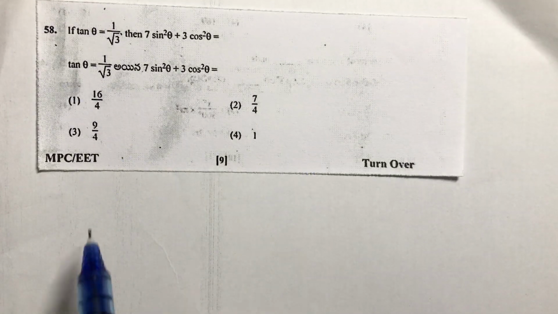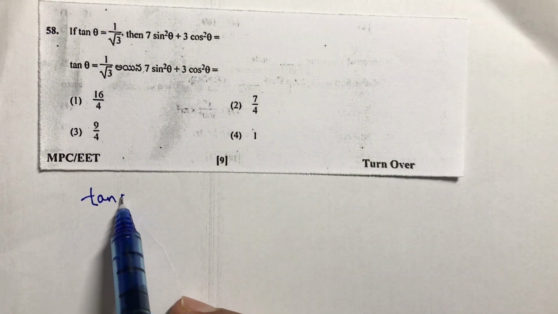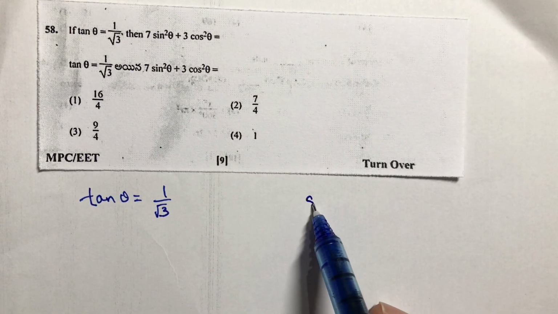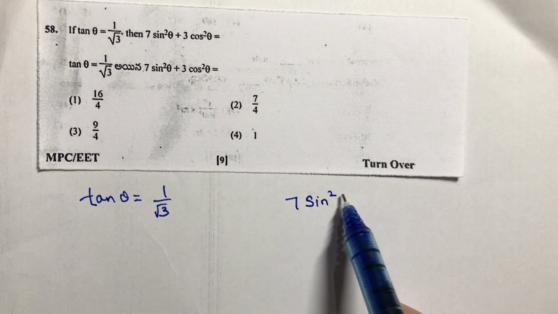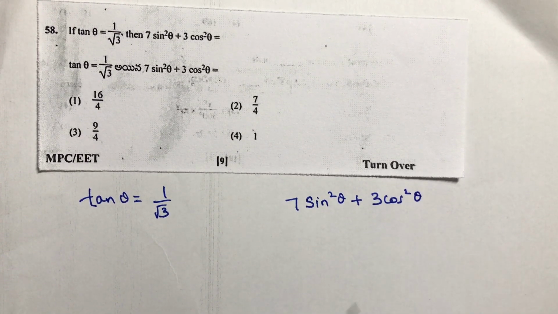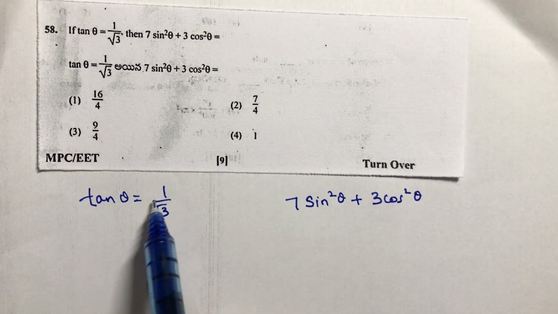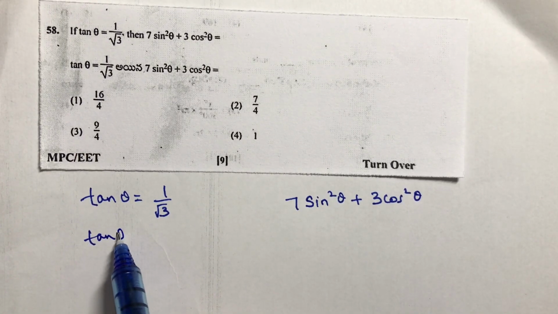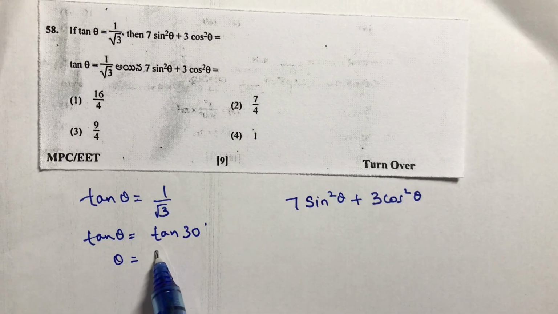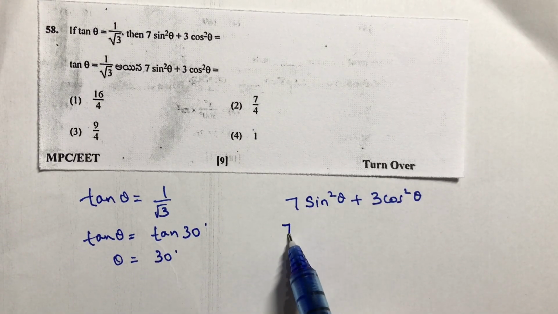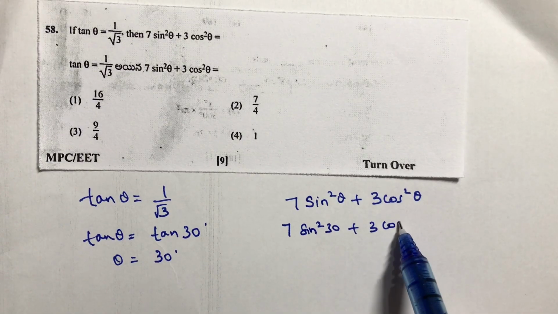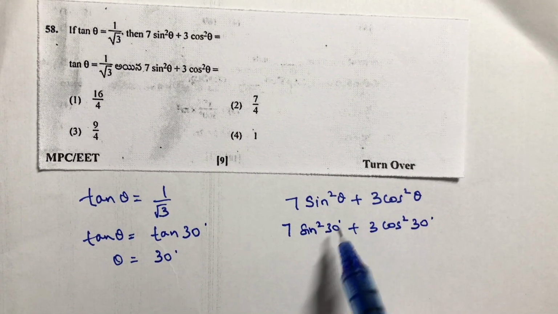Tan theta is 1 by root 3. We need to find 7 sin square theta plus 3 cos square theta. You can use Pythagoras theorem, but as the value is standard, tan theta equals tan 30, so theta equals 30 degrees. So 7 sin square 30 plus 3 cos square 30 degrees.